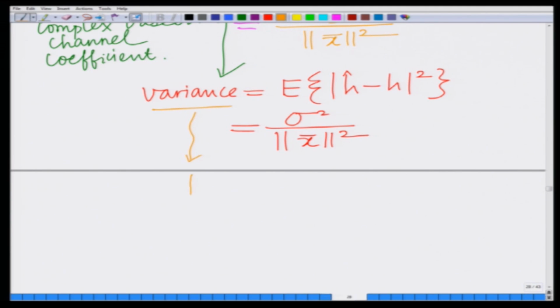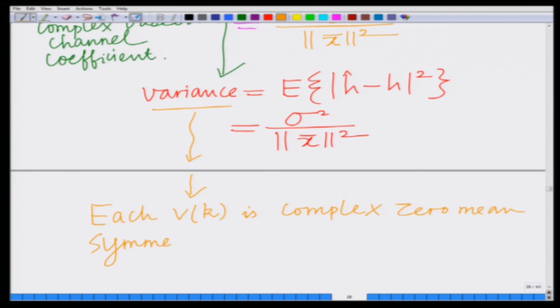where we are assuming, and this is important, that each noise Vk is complex zero mean symmetric Gaussian noise of variance sigma square. Remember, this is an important point, symmetric.